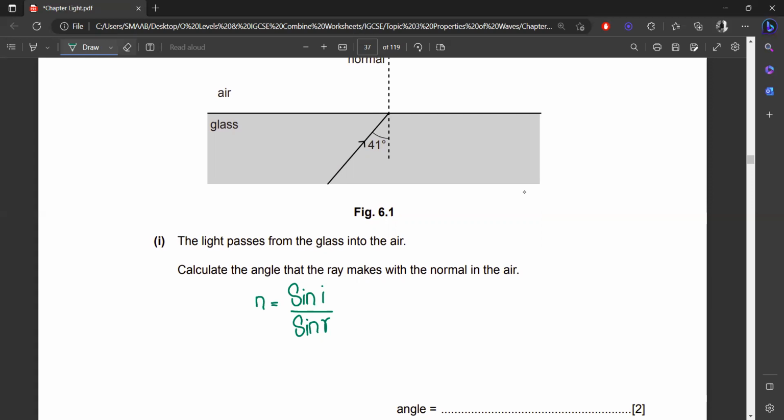And since light is moving from dense to rare, we know that when light moves from dense to rare, n equals sine of the angle of refraction divided by sine of the angle of incidence, right?